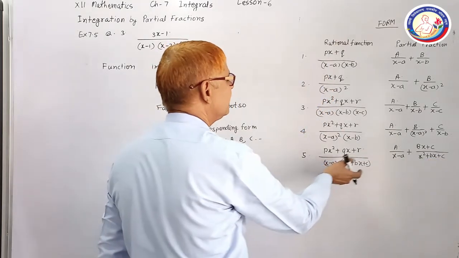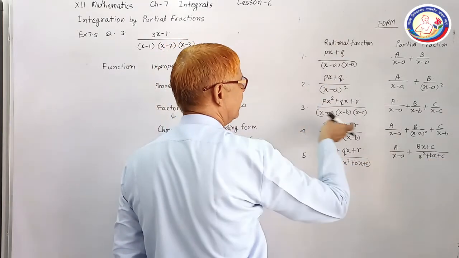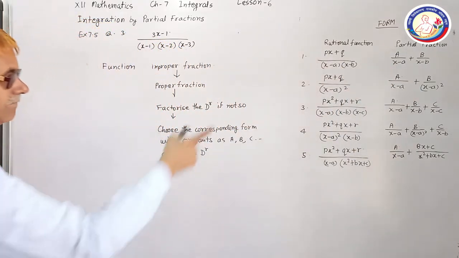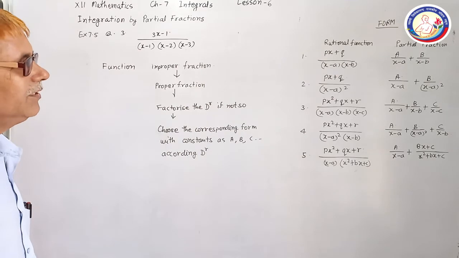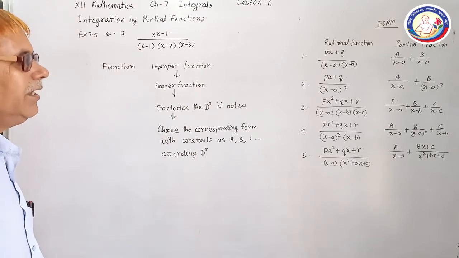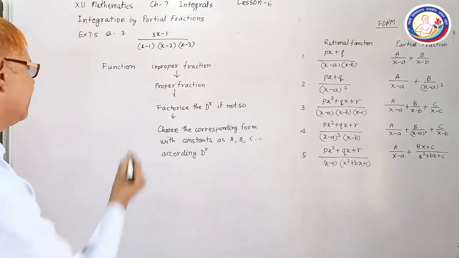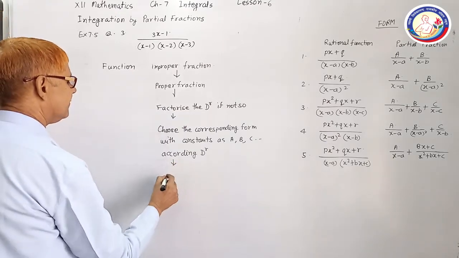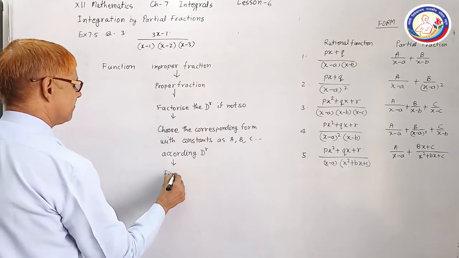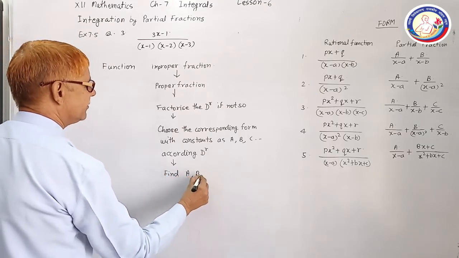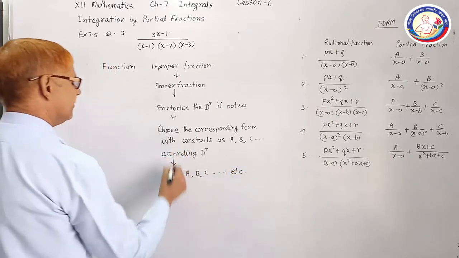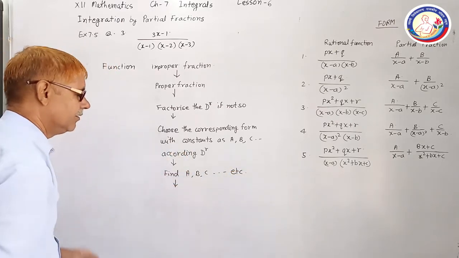So compare with these forms and choose the corresponding partial fractions with A, B, C as arbitrary constants to be found. Then, using algebra, find A, B, C, etc. Then what will you do?